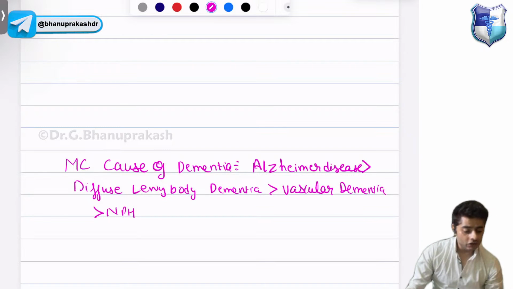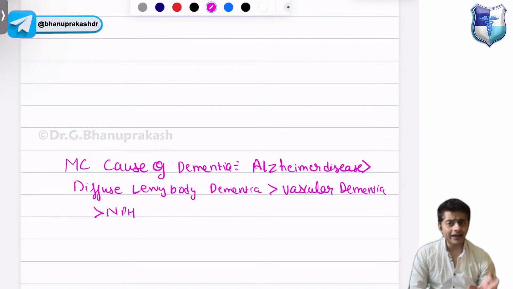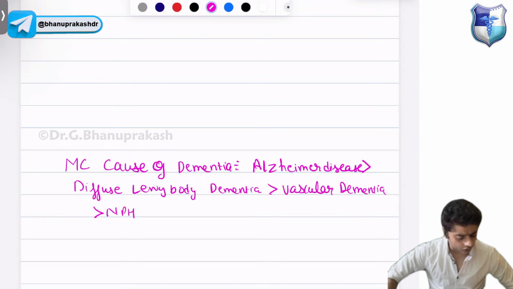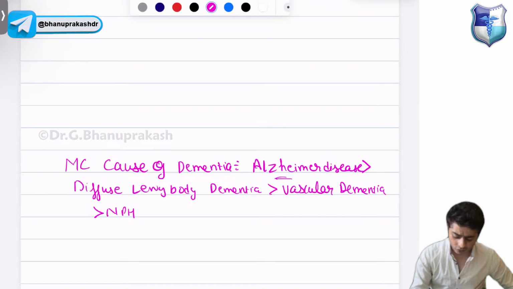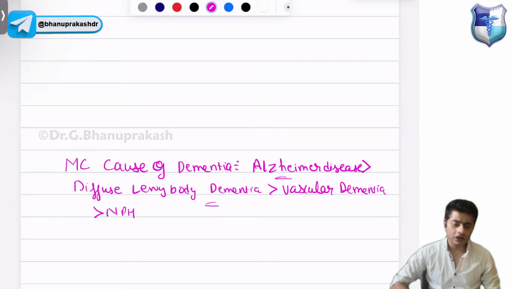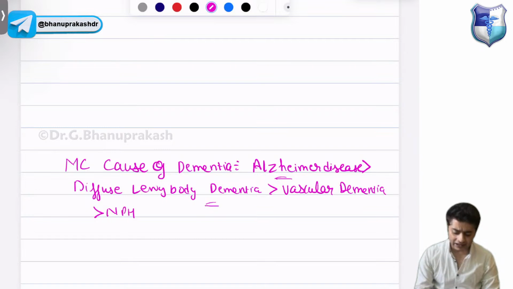Okay, now just tell me, everyone, should we take Alzheimer, diffuse Lewy body, vascular dementia, NPH in another class, or should we do it in this class only? Because I think it will take around 2 hours more to complete Alzheimer, diffuse Lewy body dementia, and vascular. Should we take it in this class or in the next class? I think we should take Alzheimer, diffuse Lewy body in the next class tomorrow.